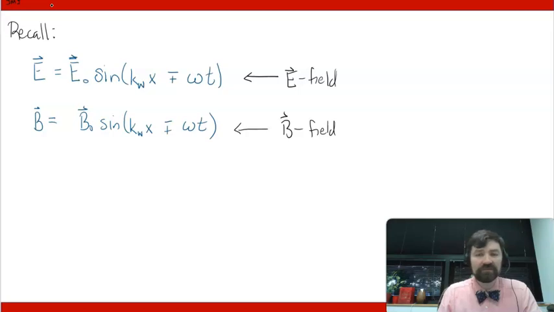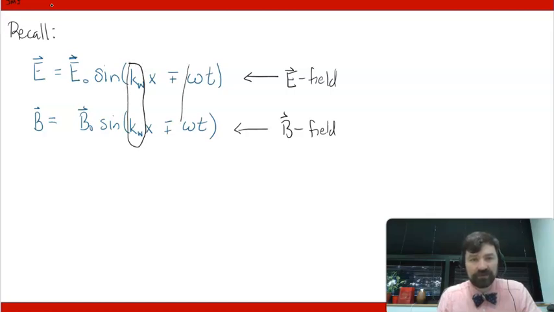And the other thing to note is that certain of these terms have kind of like a fixed relationship. So k is the same for both. So this right here, k, same for both. Omega t, same for both. Whether you've chosen plus or minus, same for both.